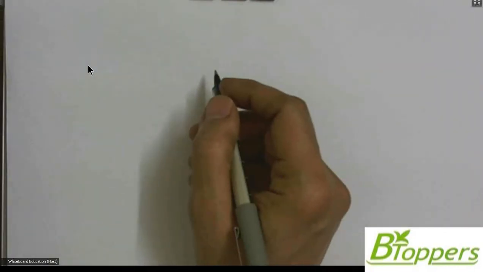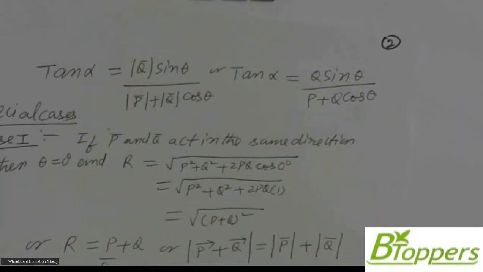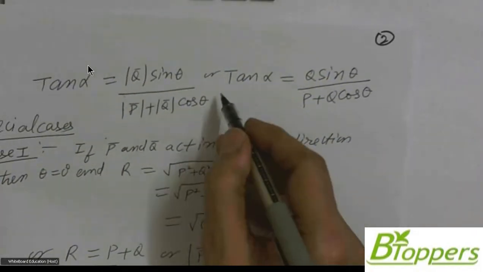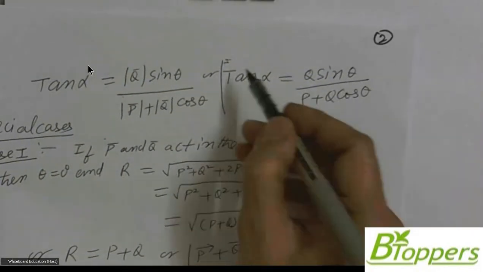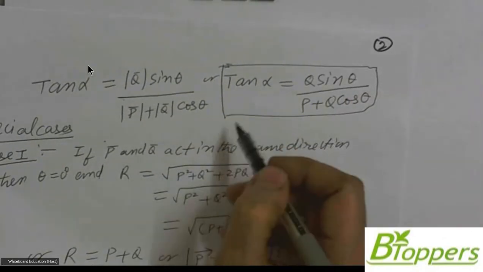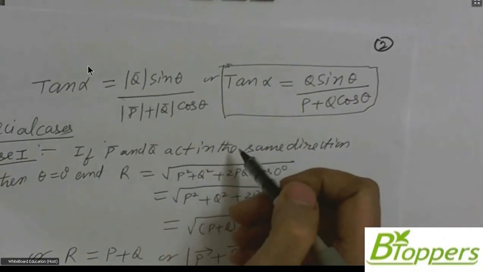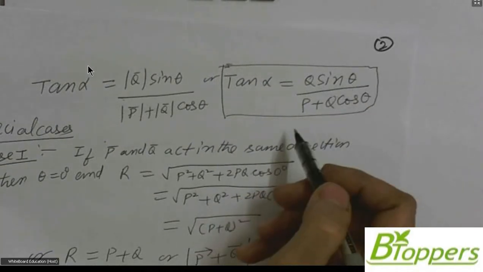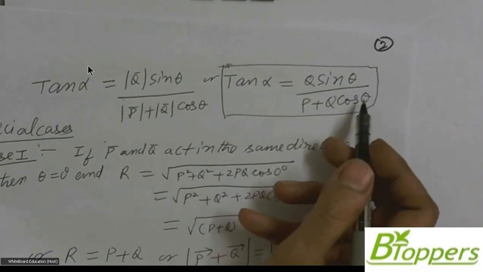As I discussed previously, if alpha is the angle made by the resultant of the two vectors with the first vector p bar, then tan alpha can be written as q sin theta by p plus q cos theta.